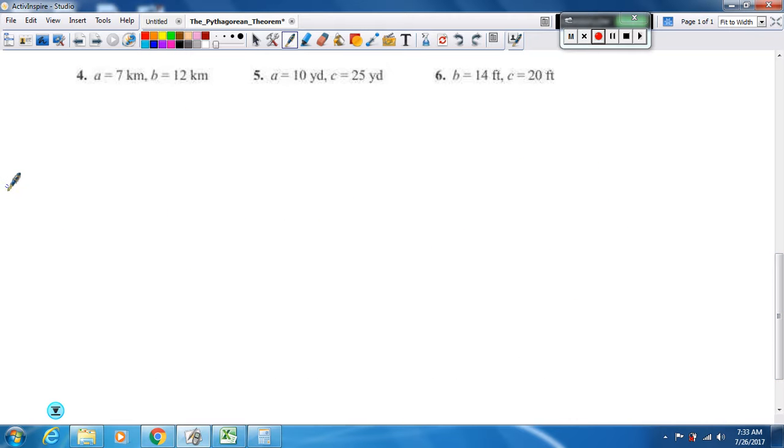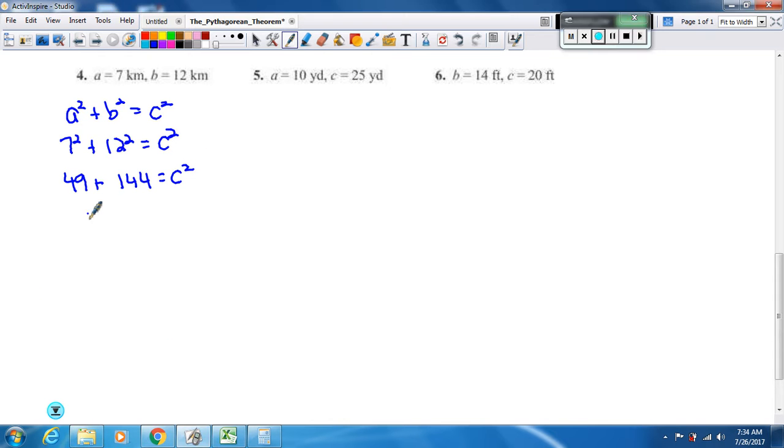Okay. Now, they don't have this drawn out in a shape, but they do give you A, B, and C, or they give you two of them. So A is 7, 7 squared, plus B is 12, 12 squared, equals C squared. 7 times 7 is 49. 12 times 12 is 144, equals C squared.